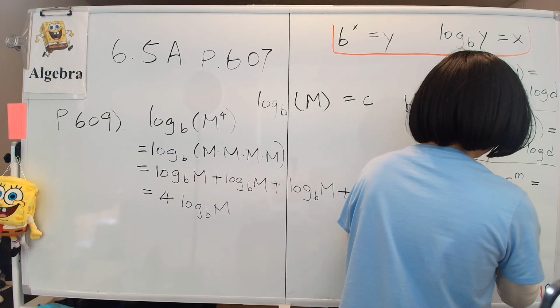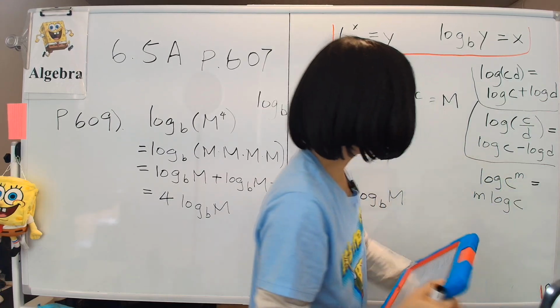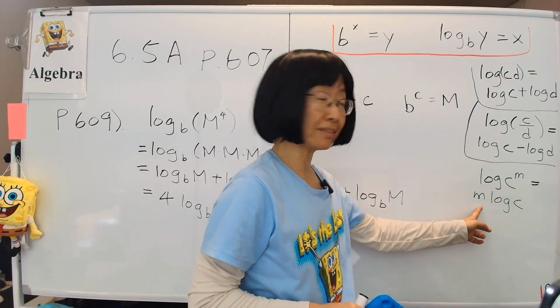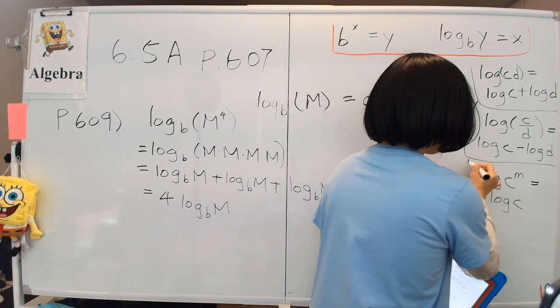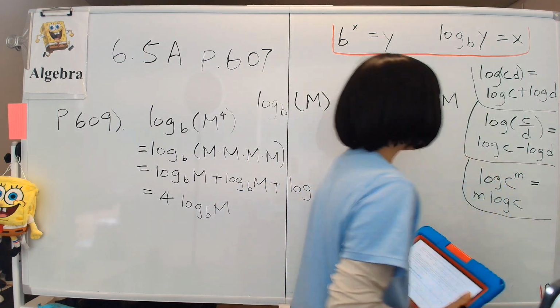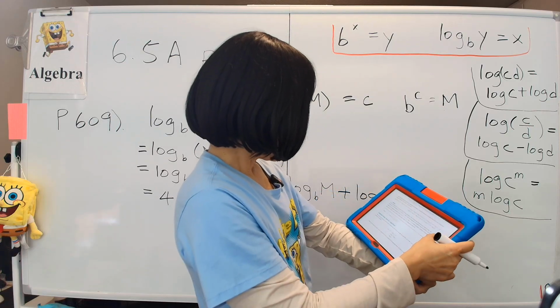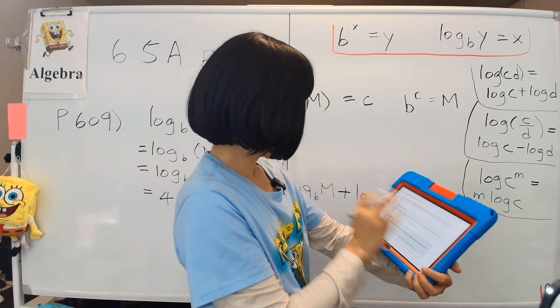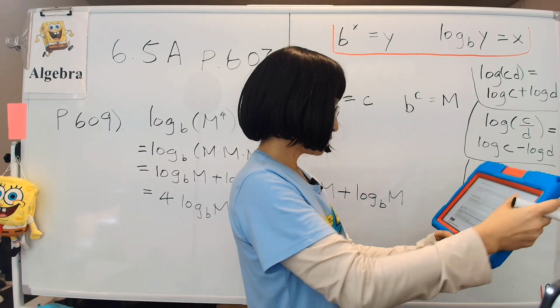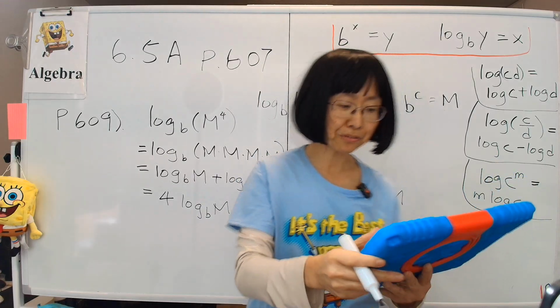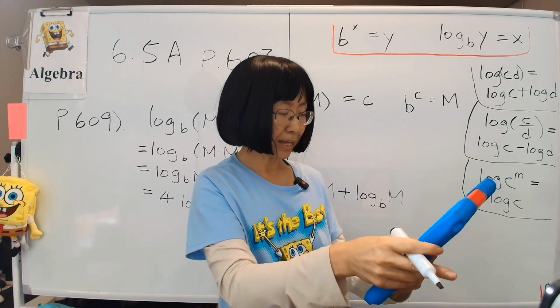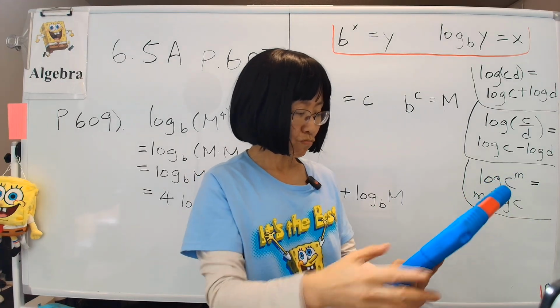So any power becomes multiplication. Okay, and so that's the third rule of logarithm.